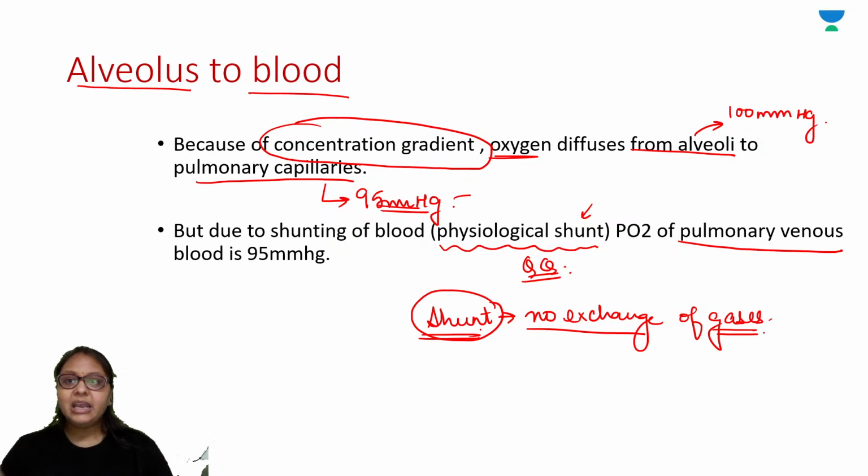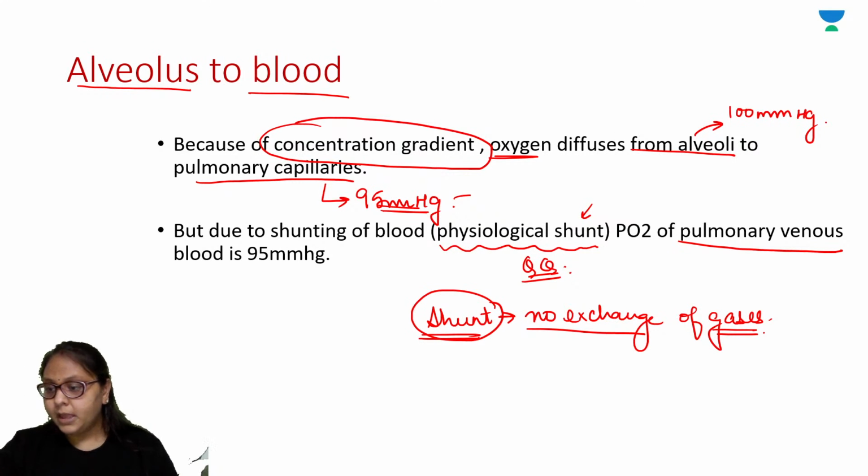It is just being ventilated, but there is no perfusion, so that will give us the shunting. So this occurs because of the shunting of the blood, that is the physiological shunt, and therefore there is further decrease in the oxygen tension from the alveoli to the pulmonary venous blood.